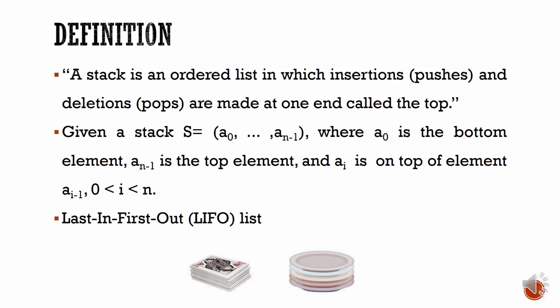Bottommost, A0 will be placed, on top of it A1, on top of it A2, and the series continues till An minus 1. In general, Ai will be on top of Ai minus 1. Such an arrangement will be your stack.